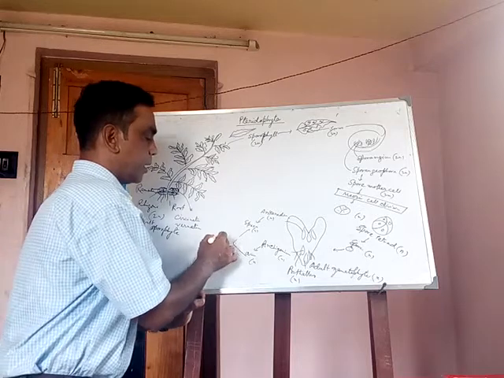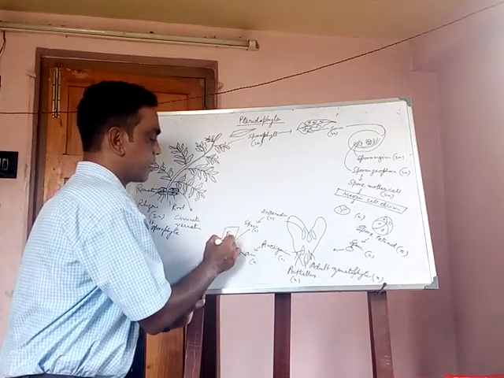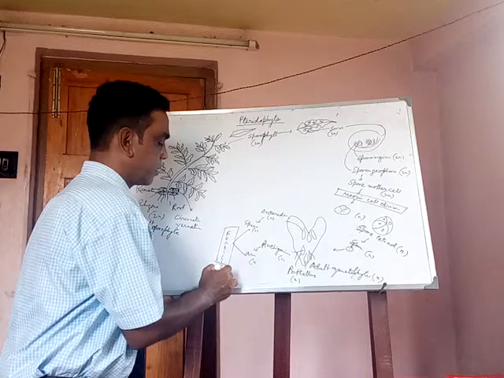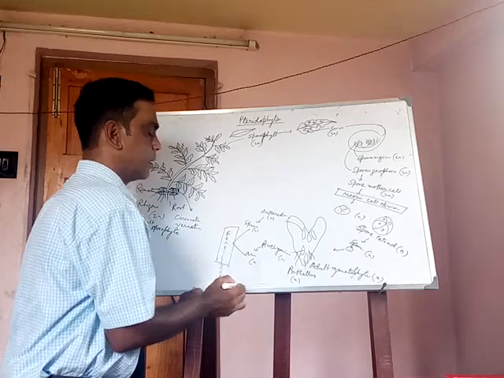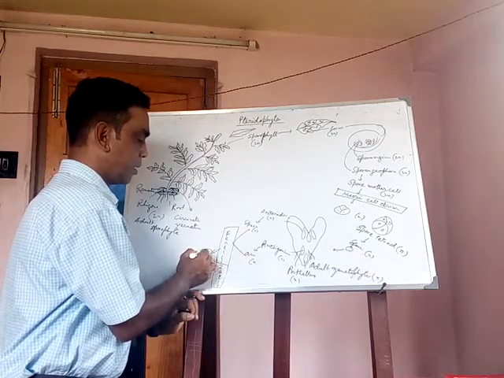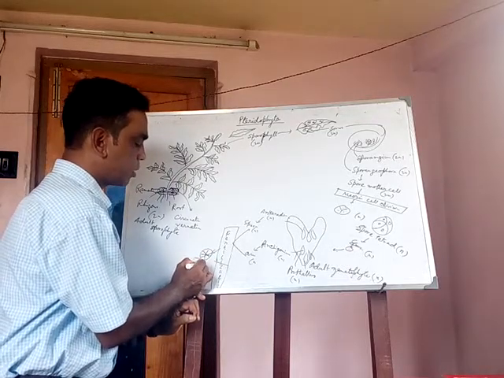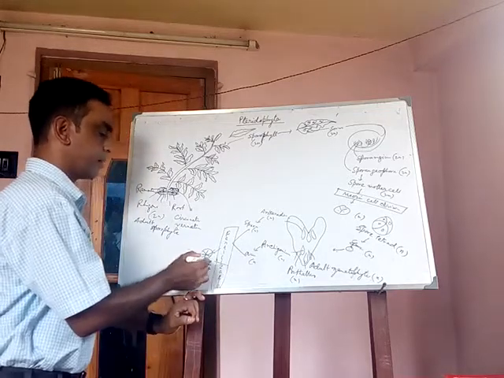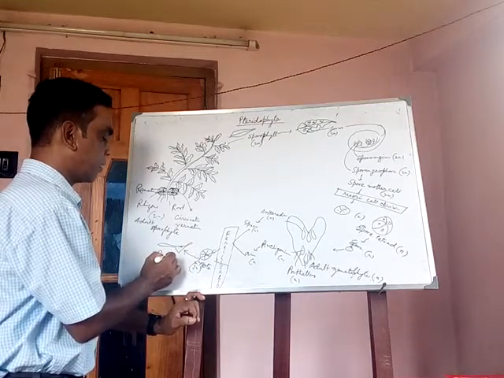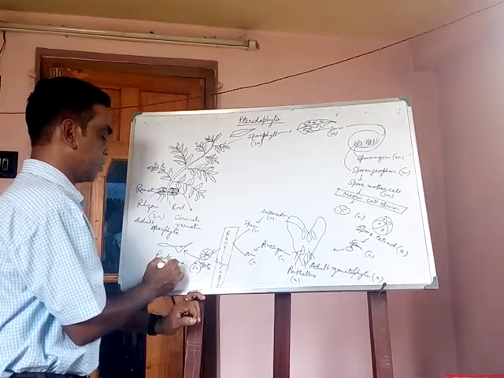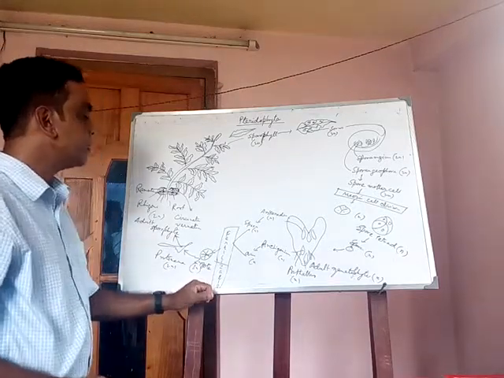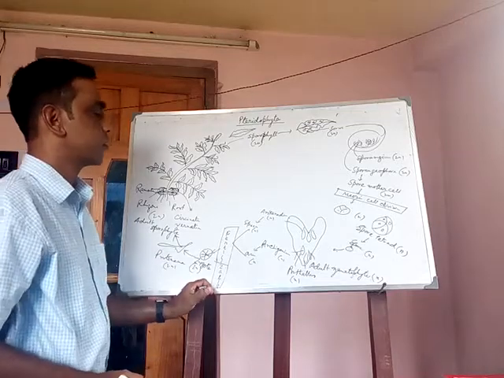So fertilization can take place, and the diploid zygote is formed, and it germinates and produces protonema, and further the main plant body, that is the sporophyte, is produced from the zygote.